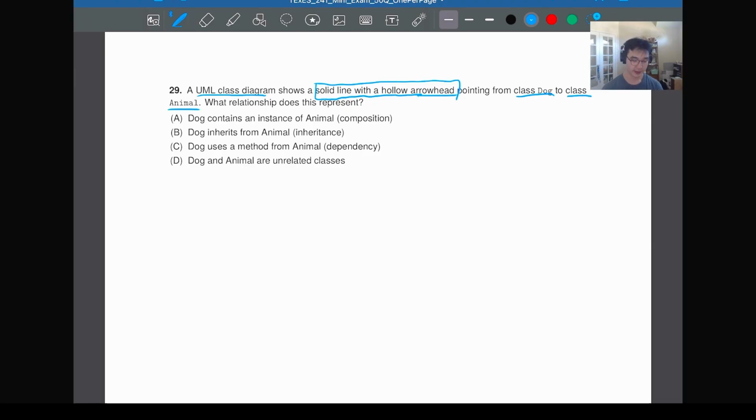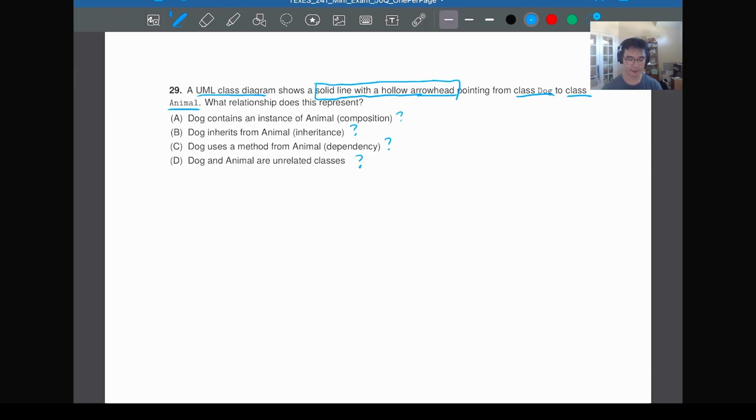Okay, so does the dog contain an instance of animal? Does the dog inherit from animal? Does the dog use a method from animal? Or are dog and animal unrelated classes?